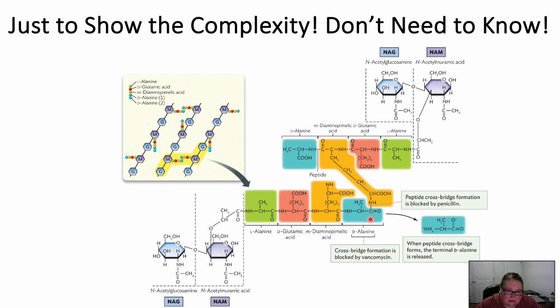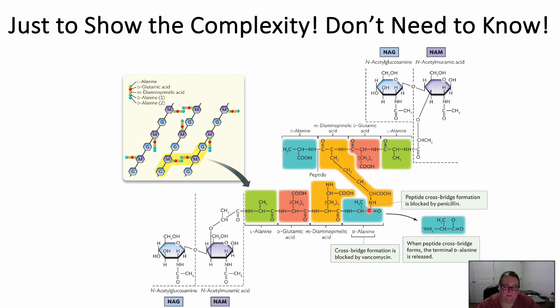So this bond right here is an important drug target. In fact, penicillin is part of a drug class of antibiotics called the beta-lactams. Beta-lactams are going to target the cell wall. So penicillin itself is going to disrupt this bond right here. We'll talk more about that in a little bit more detail on the next slide.